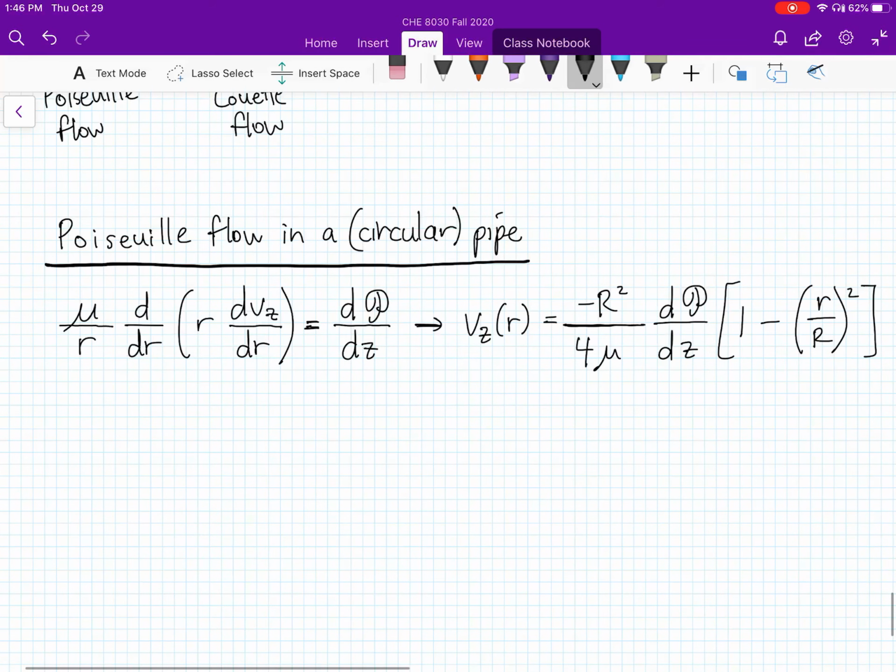I can also write the expression for the mean velocity of the fluid.